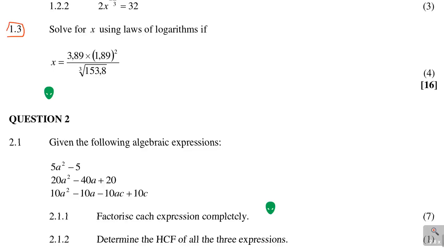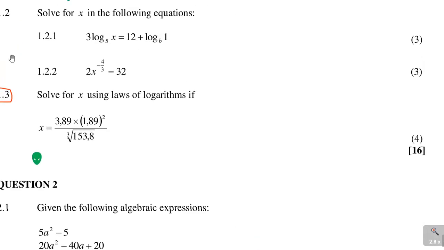It says solve for x using the laws of logarithms, and this is what you're given. I'm just going to get a little bit of space here. So you are given x is equal to that. First things first, introduce logs. They say using laws of logarithms, so I'm going to say log here, you put a log there.